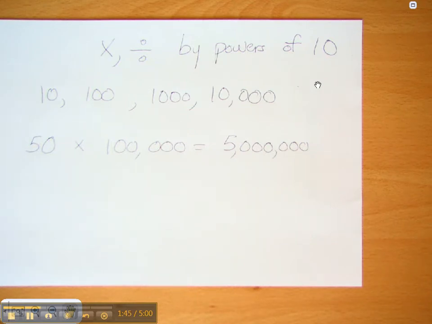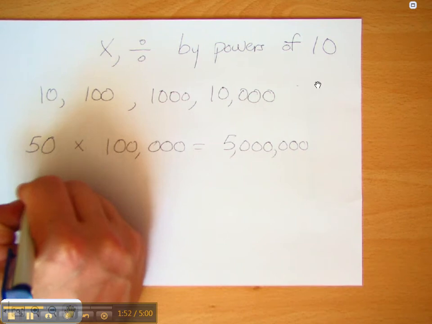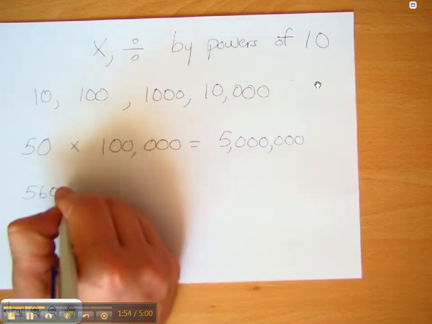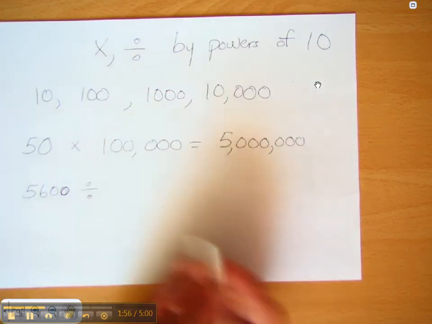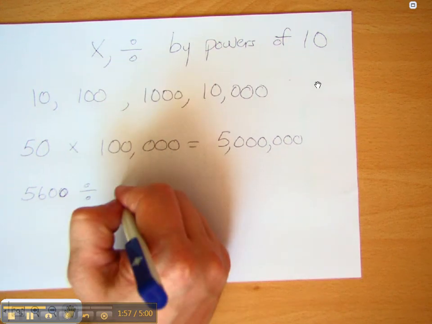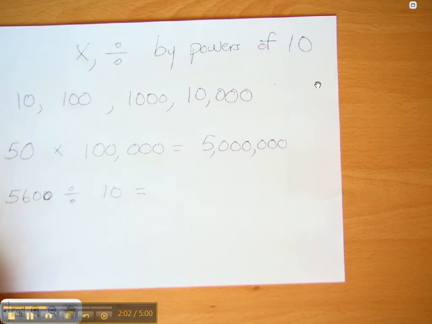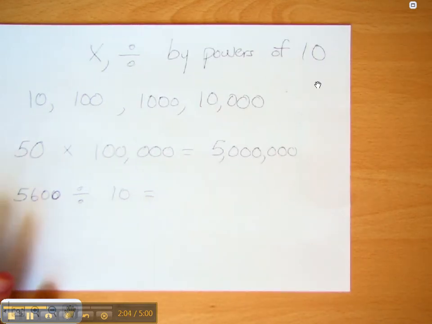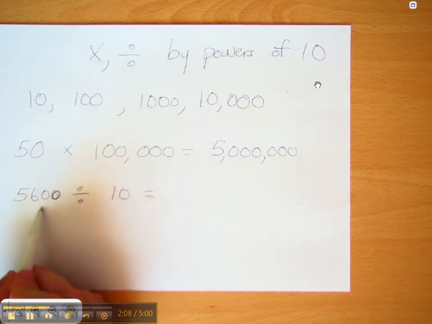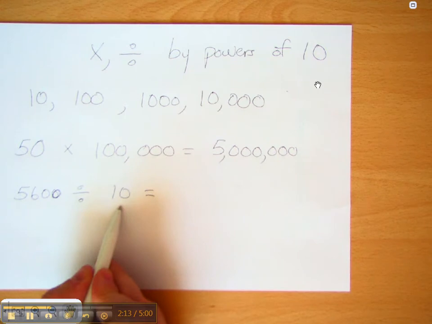Now, let's do the opposite. Let's say we have the number 5,600 and we are dividing it by 10. This is where you want to cancel zeros, but here's the trick. You can erase a 0 from this number as long as you have a 0 to erase from the other number too.